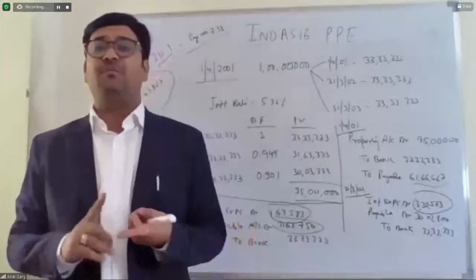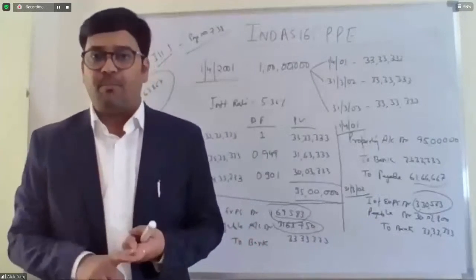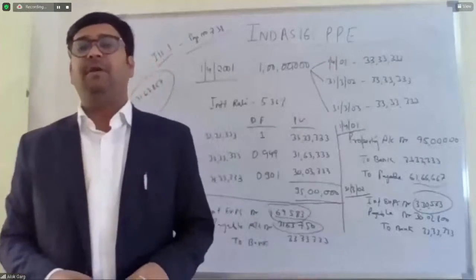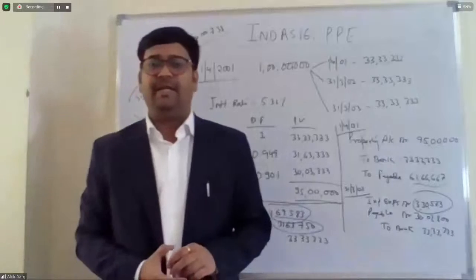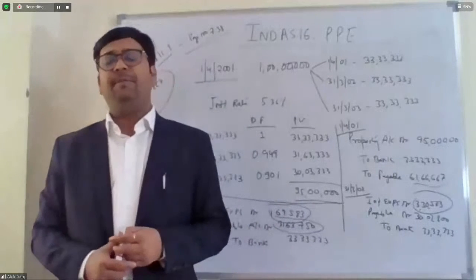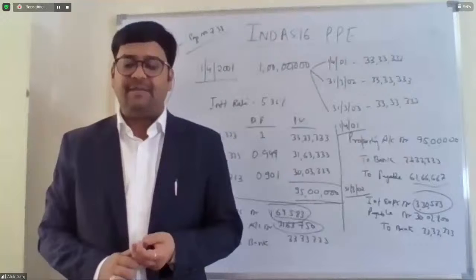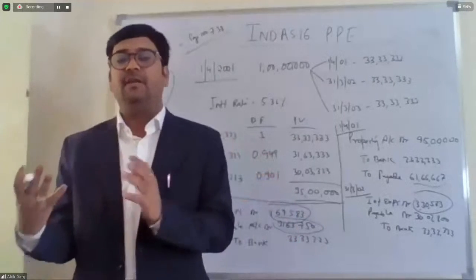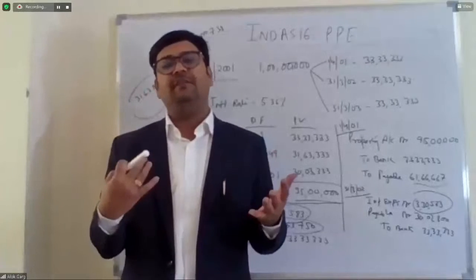We understood what is the objective. We understood what is the scope. Okay. We have understood that it includes every PPE except PPE classified as held for sale under Ind AS 105, PPE classified as a biological asset, I mean to say biological asset which is related to agricultural activity. The third one is exploration and evaluation of mineral assets.